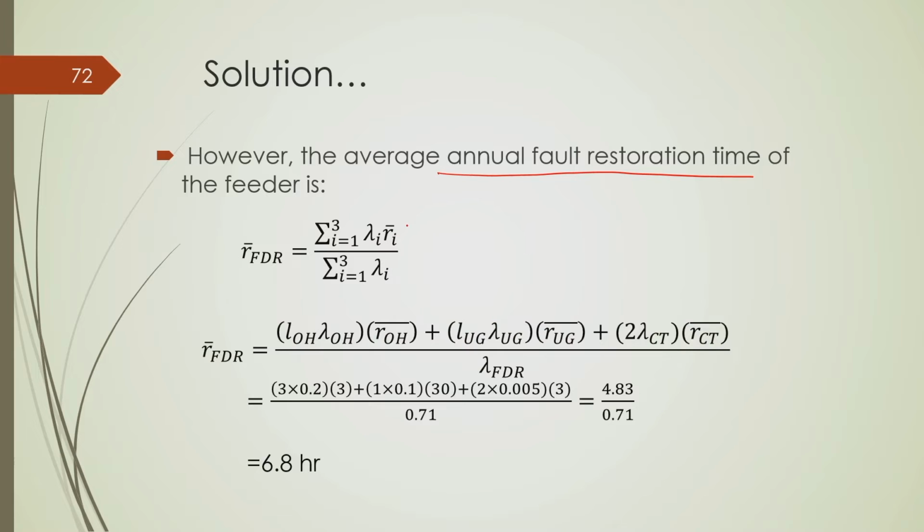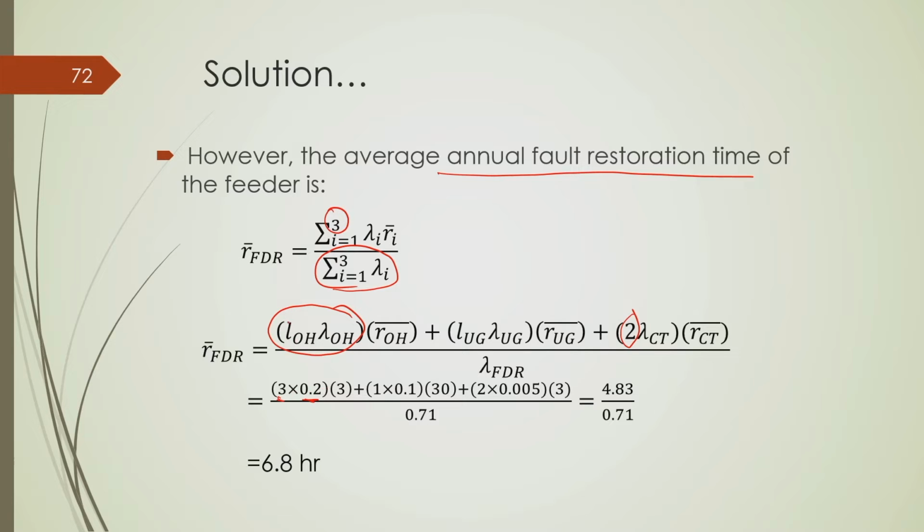Here we have 4 subsystems, but 2 are identical. So, we consider these 3 and multiply with a factor of 2 for lambda CT. And this summation of lambda I we already determined in the last slide, and we also know the individual failure rate of the system, which is determined as the number of faults divided by the total time period recorded, multiplied by its length.